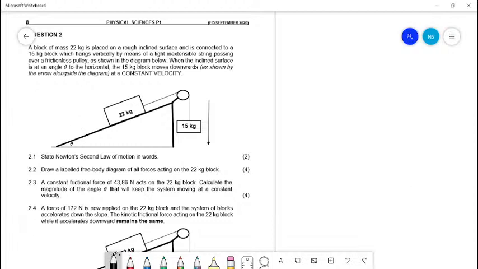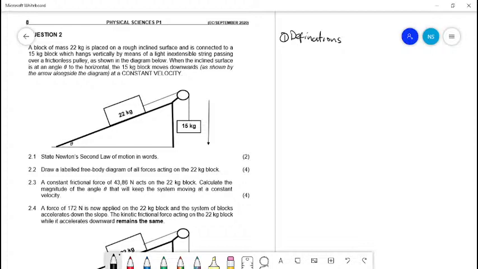So what you need to master in this topic, one, are the definitions. So the definitions that you're going to get in this topic, your laws, obviously, the Newton's laws.